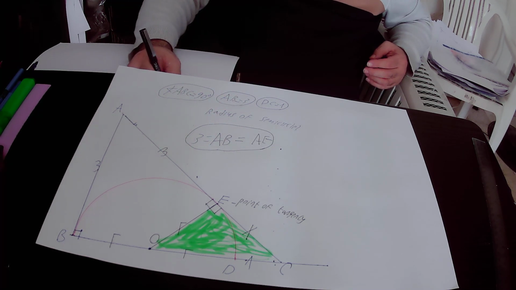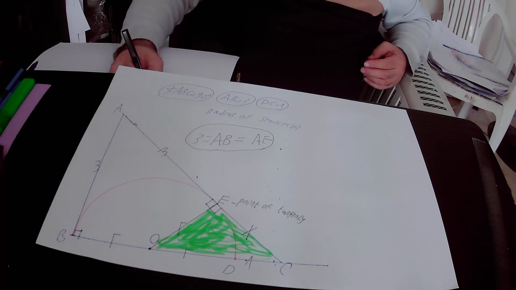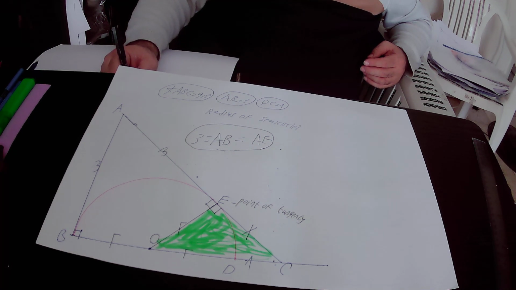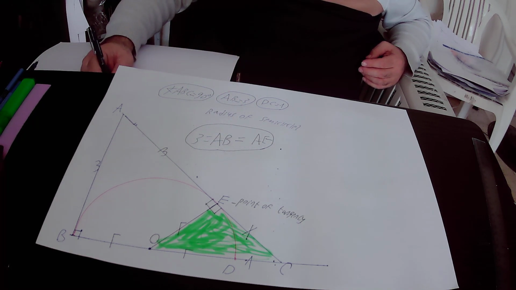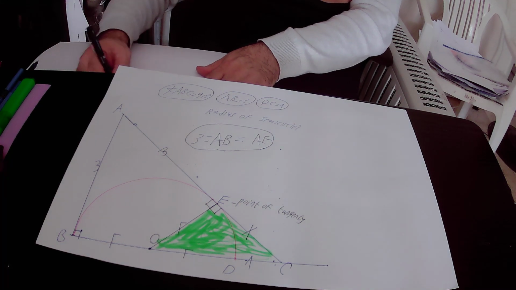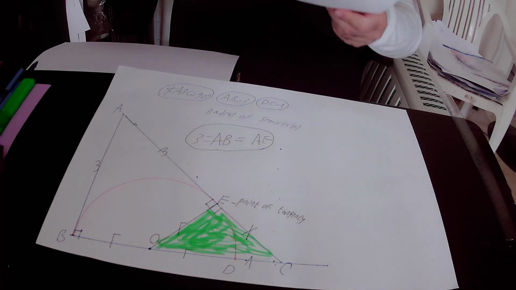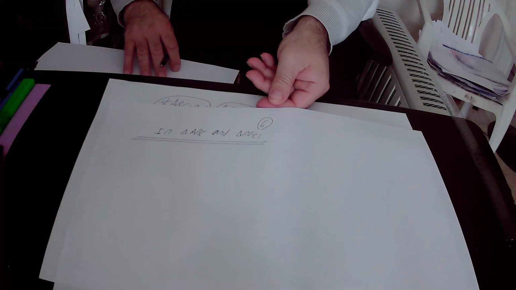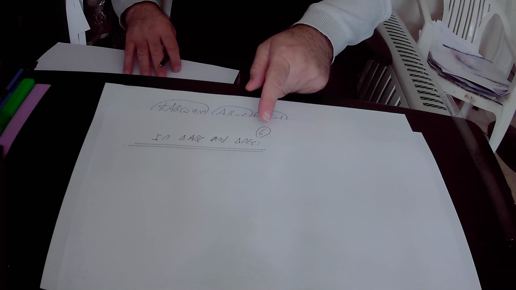So we will focus on the right big triangle ABC and the green right small triangle OEC. I'll repeat again. We'll focus on triangle ABC and the green triangle OEC.